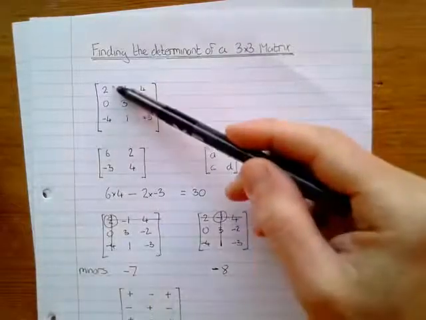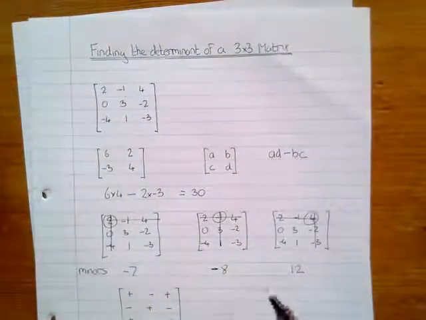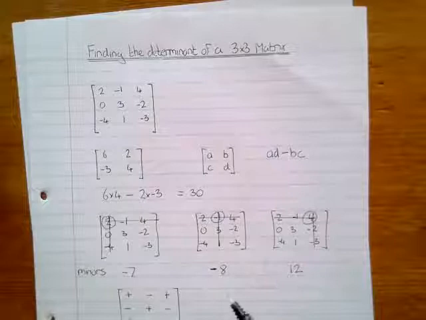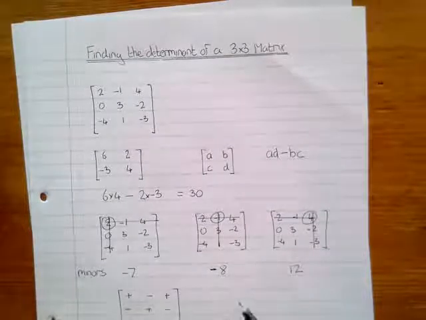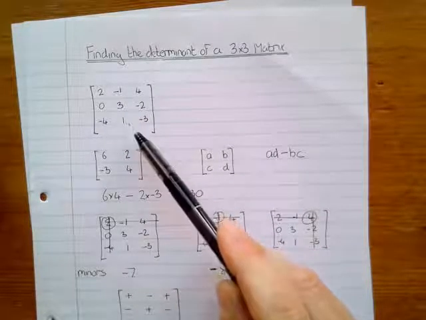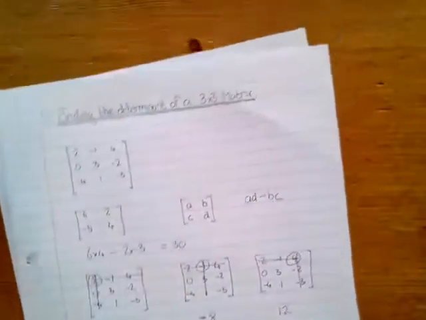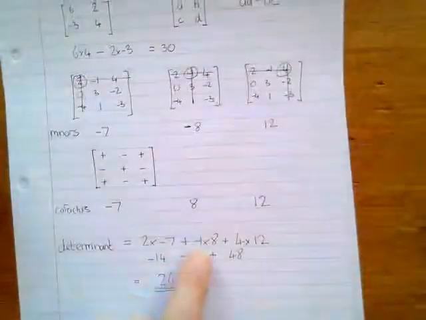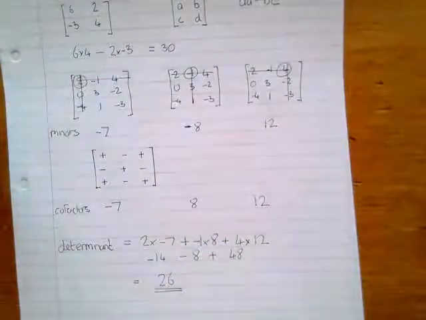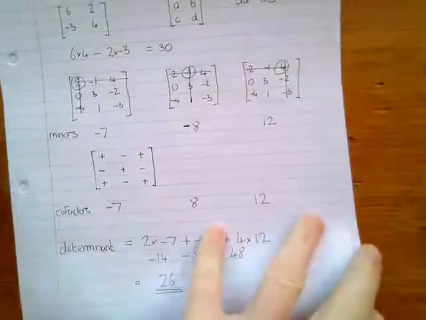So, for example, if I'd have chosen this column here, I would only have had to calculate 2 cofactors and not 3, because the 0, although it has a cofactor, when you come to do the determinant calculation, because you're going to be timesing by 0, that one's going to disappear. But I wouldn't get too worried about any of that.